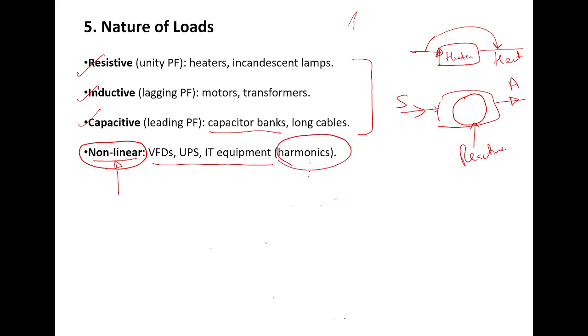These are very dangerous for our power system, because if we do not eliminate these harmonics from the system, your system will be overheated, or it will get some overload condition. Even though there is not actually an overload, due to harmonics it will experience some overload condition. So these are the nature of load.